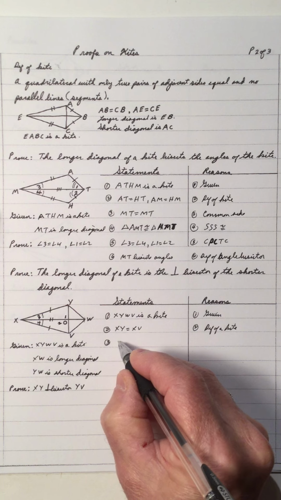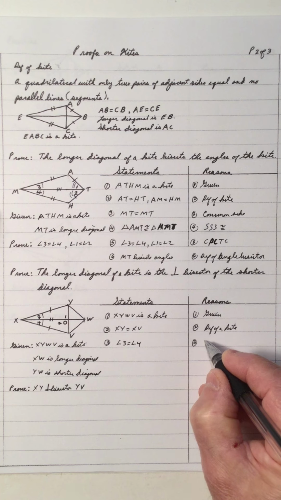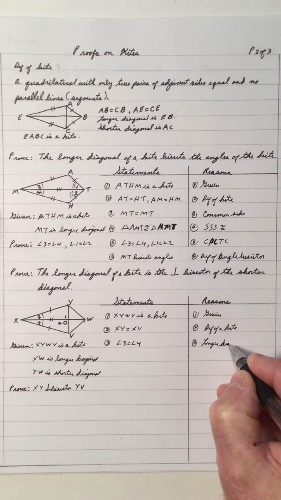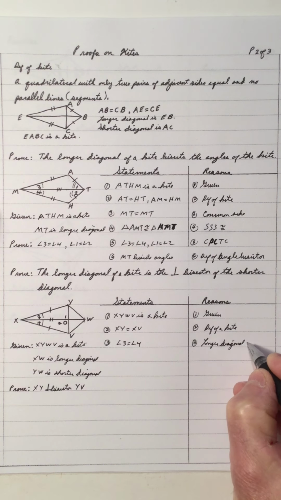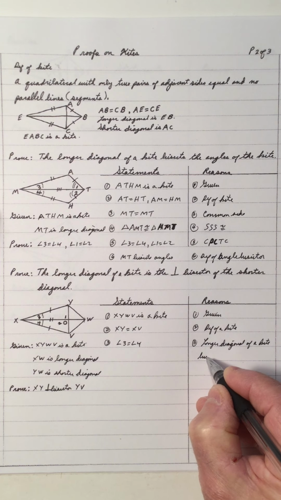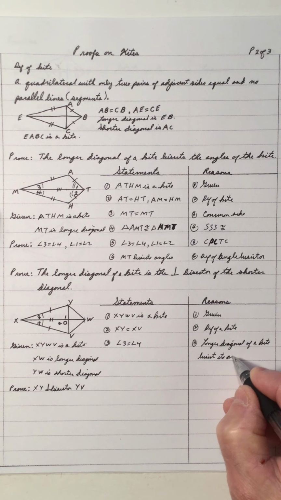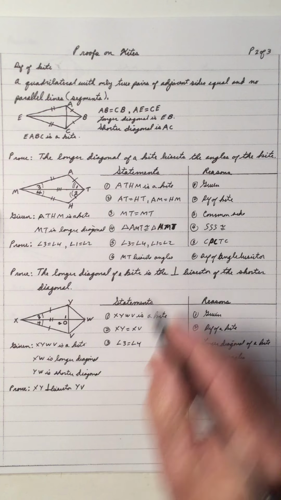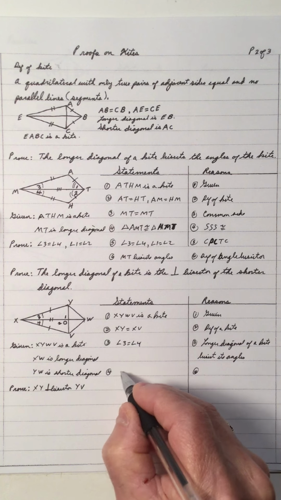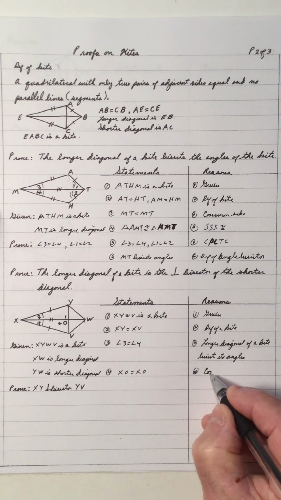Number 3, we have angle 3 equals angle 4, the longer diagonal of a kite bisects its angles. That's the proof that we did earlier. And number 4, we have XO equals XO, and that's a common side.